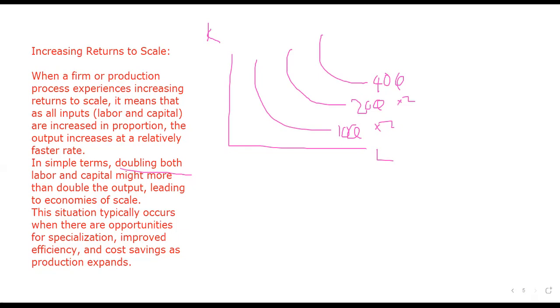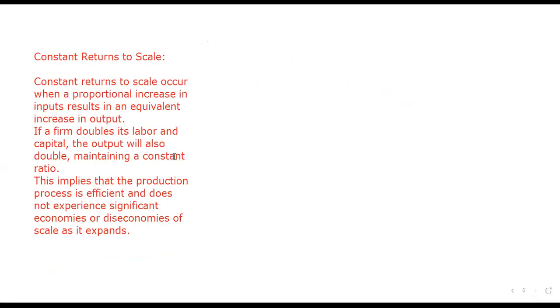This is called increasing returns to scale. We also have a scenario where we're almost breaking even, where we are considering constant returns to scale, which is proportional to the increase. If a firm doubles labor and capital, output will also double. If it maintains a constant ratio, output will also be constant. So this is called constant returns to scale.